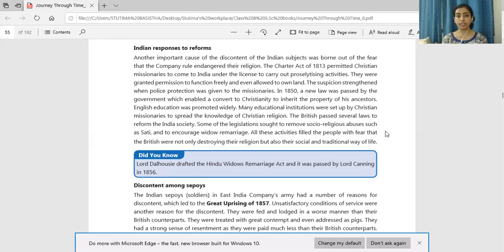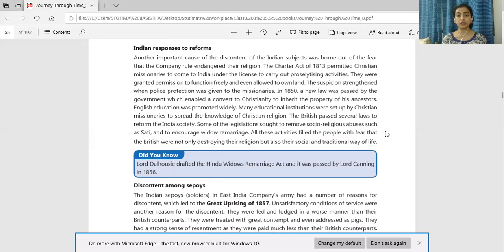So the Orthodox Indian society thought that by reforming the Indian society, the British were actually trying to change their religion.